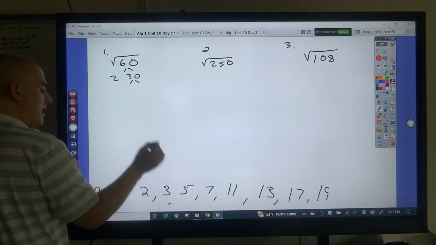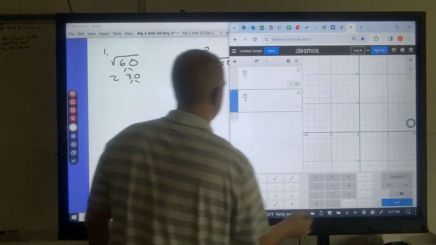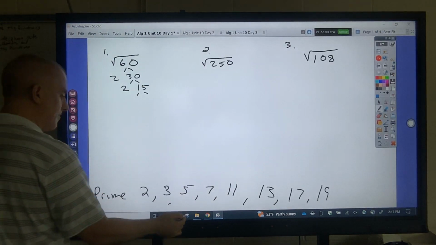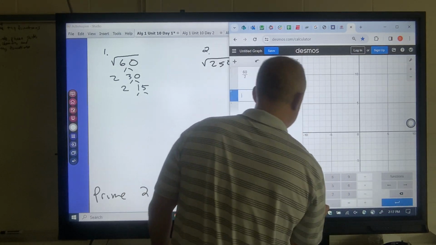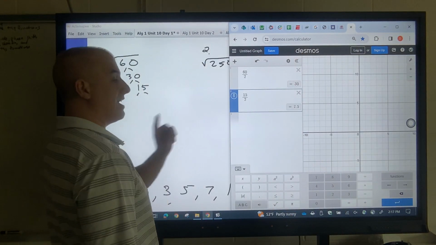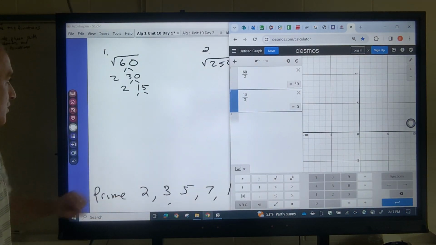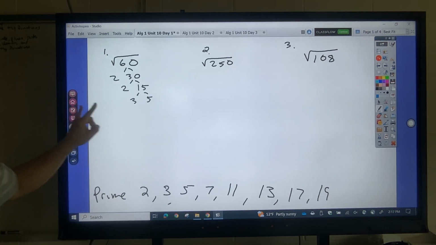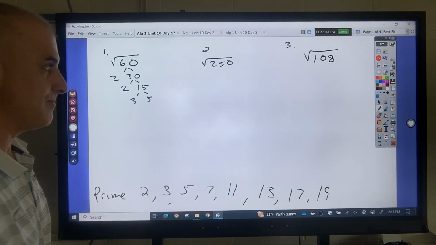Then from 30, I'm going to see if 30 can be divisible by 2. 30 divided by 2, all right, 2 and 15, okay? Is 15 divisible by 2? Let's see, 15 divided by 2. No, I get a decimal, so I can't use that. Then I try the next prime number, which is 3. I get 5. Now, when both the numbers at the bottom are prime, you stop, okay?